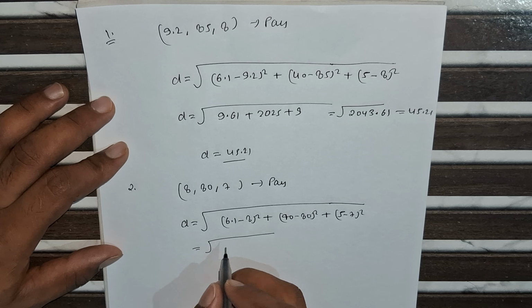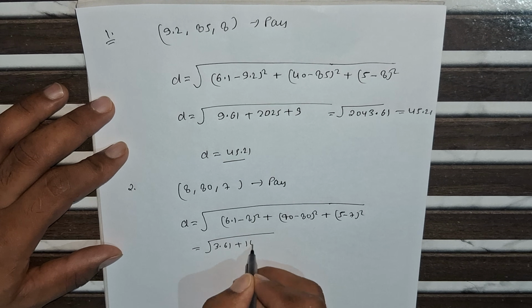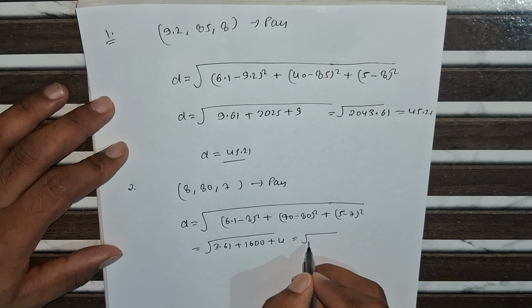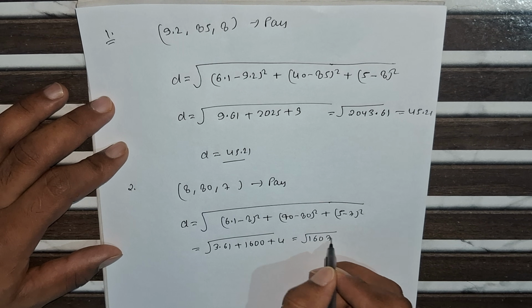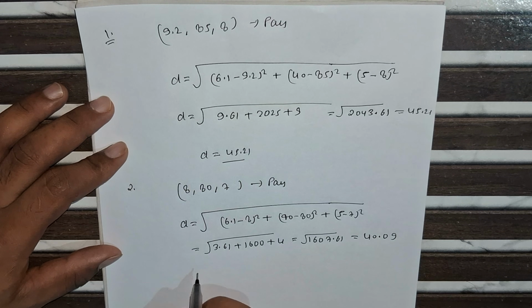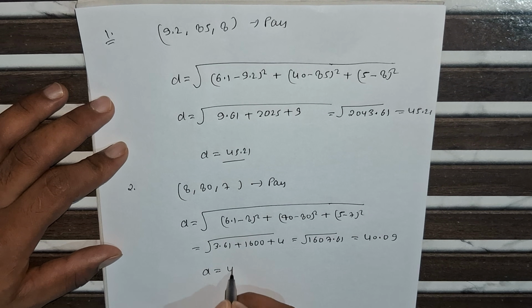When you calculate it, it becomes 3.61 plus 1600 plus 4, which is equals to under root 1607.61, which is equals to 40.09. So our d equals to 40.09.